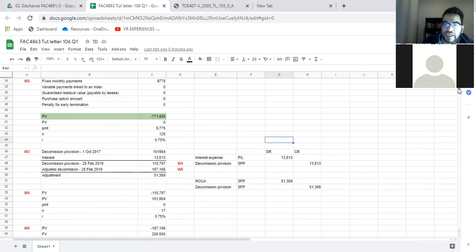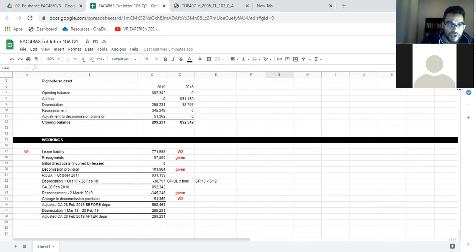So what you want to do is get to that closing balance. This closing balance is what's going to be on the statement of financial position. So that's the impact it has on the balance sheet. How you get there is through all of these changes.